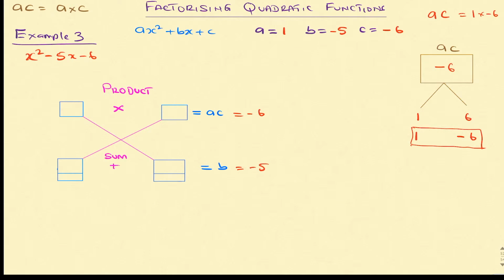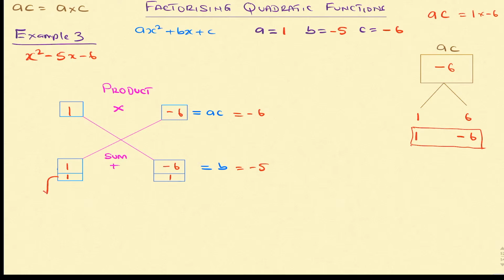So I'm going to have 1 and minus 6. Now we need to divide the bottom box by A, and A is 1. Now we need to write our factors out. In the bottom boxes, the numerator is the constant and the denominator is your x value.